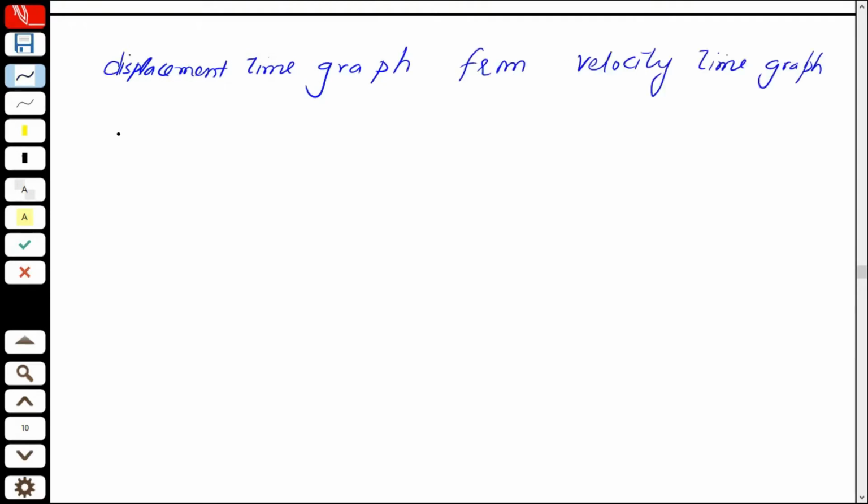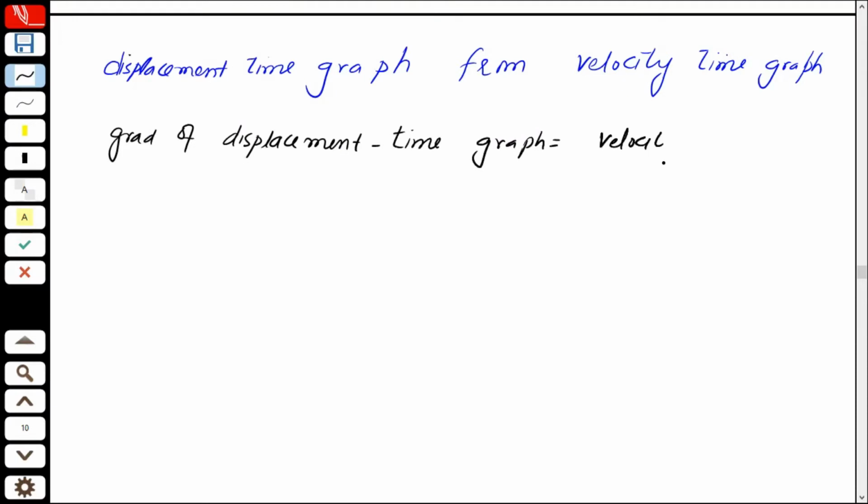We know the gradient of a displacement time graph gives us velocity. So using the same idea, if we know the velocity, we can easily track down the displacement time graph.